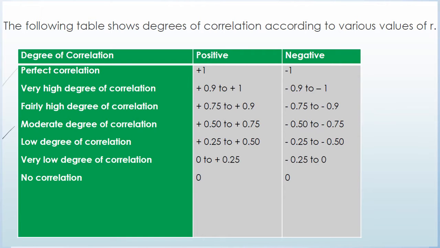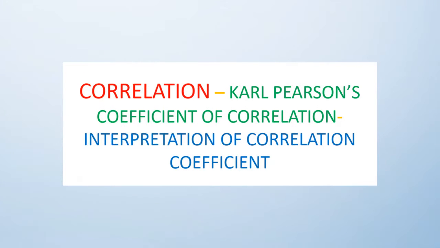You first understand these things very clearly, and then we solve the practical problems. In this video lecture, we especially solve problems on Karl Pearson coefficient of correlation and interpretation of the correlation coefficient.